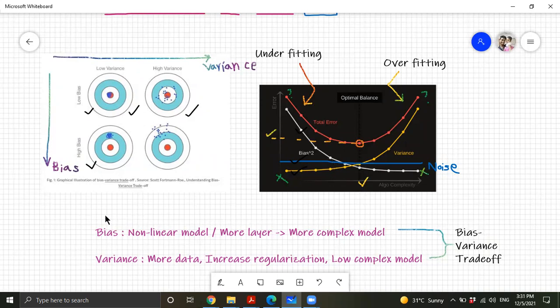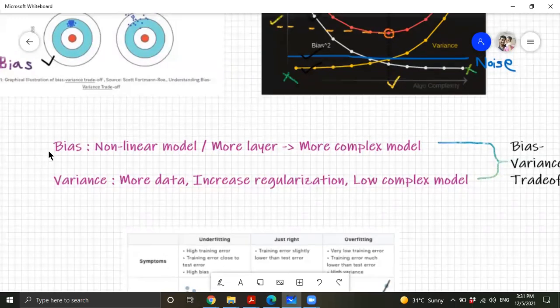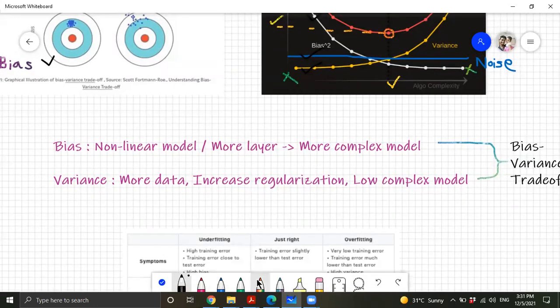If you want to increase the bias, you just make the model a non-linear model in machine learning, and in deep learning you increase the number of layers. At some point you get a very complex model and you have a high variance, right?